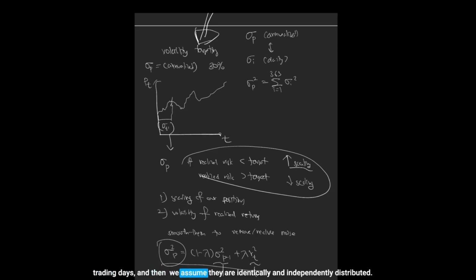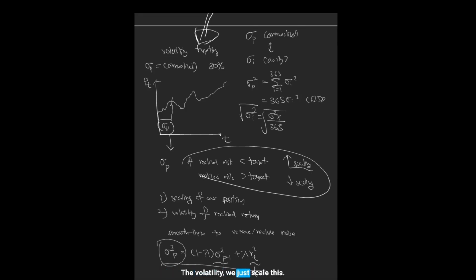And then we assume they are identically and independently distributed, then we can give this relation. So sigma square is equal to sigma square portfolio over 365, and to take the volatility, we just square root this. And on the right hand side, we have the annualized volatility over square root of 365.